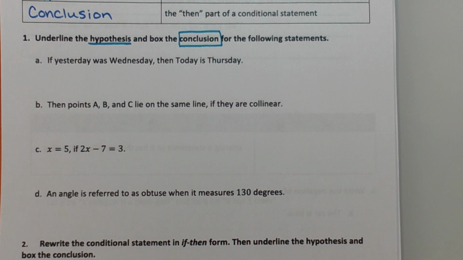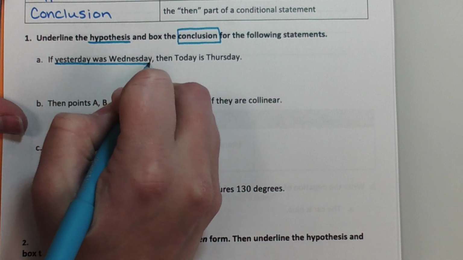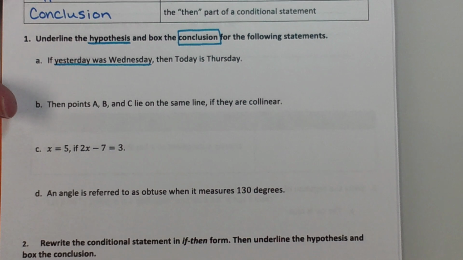The hypothesis is the if part, so everything that follows the word if. Technically, the if isn't part of the hypothesis. It's the setup. Everything following if, up until the then, is the hypothesis. So the hypothesis was yesterday was Wednesday.